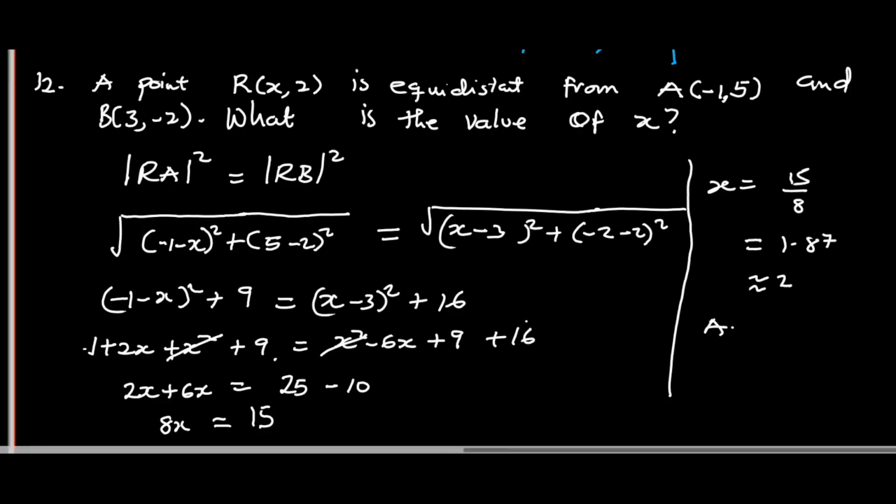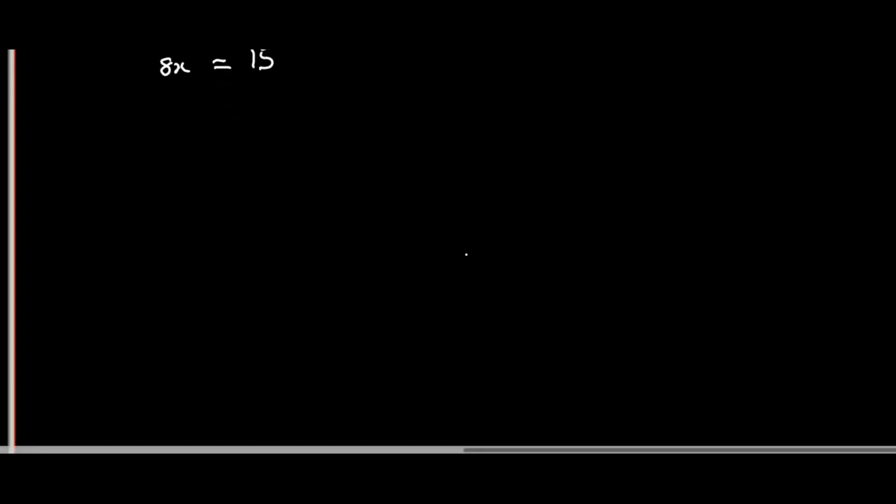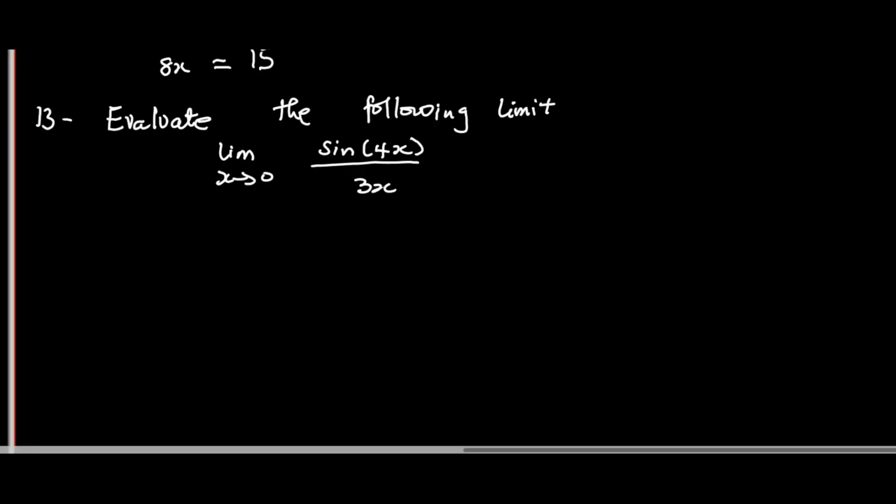Alright, now let's move on to question 13. This is question 30. It says evaluate the limit as x approaches 0. Now if we substitute 0 straight in, the whole expression breaks down.